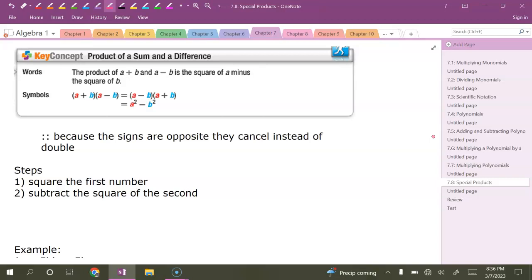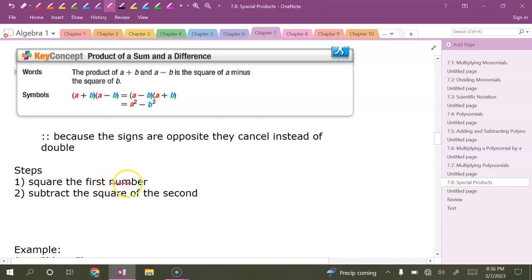Now, this one's kind of a little bit extra special compared to those last ones, because we have those opposite signs. It's going to cause the middle terms to cancel. So really what you can do is square the first term, or you can think of number here. It says number.